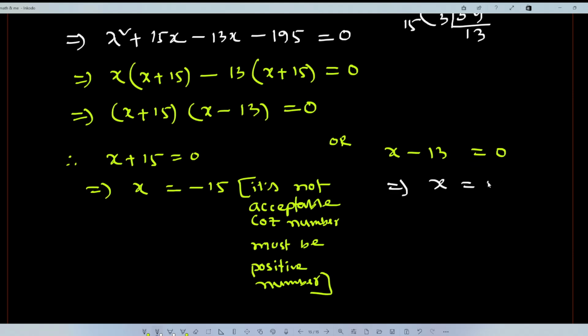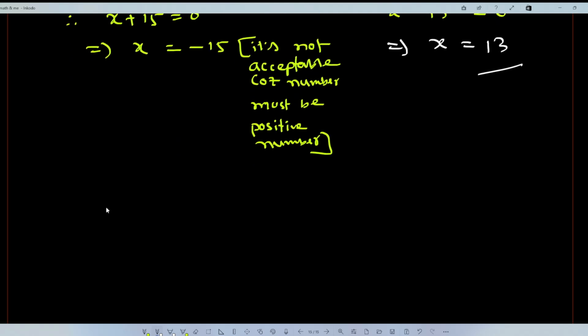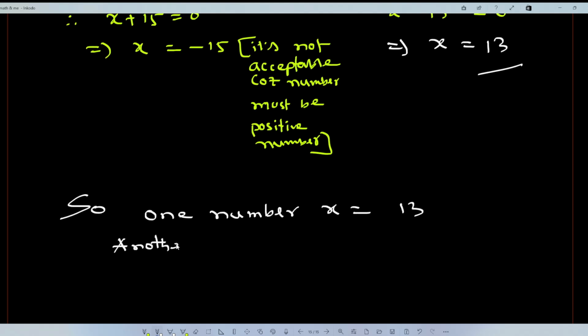So x equals 13. So x means one number is 13. Another number x plus 2 equals 13 plus 2, it means 15.